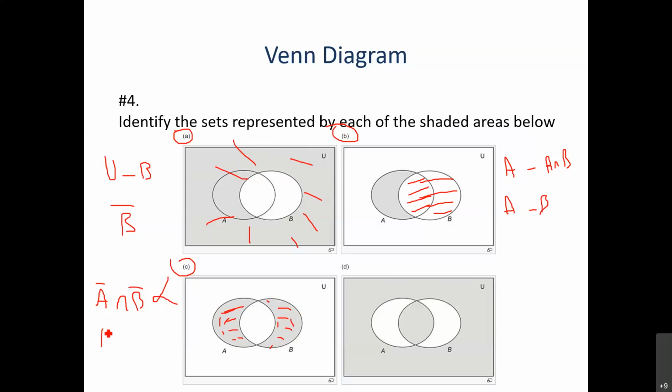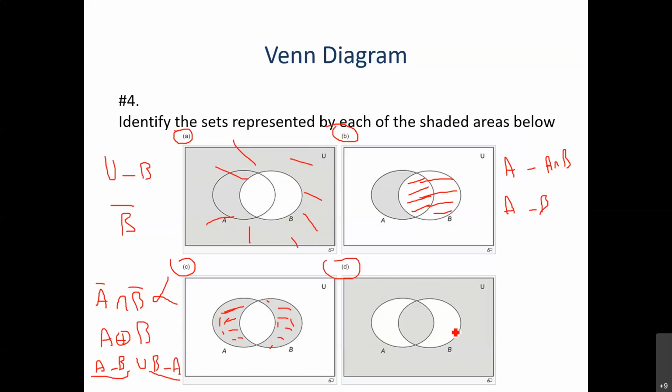Yes, it's like we're XORing A and B. Or it's like A minus B union with B minus A. So I want the elements of A and I want the elements of B, but not the intersection of both of them together.